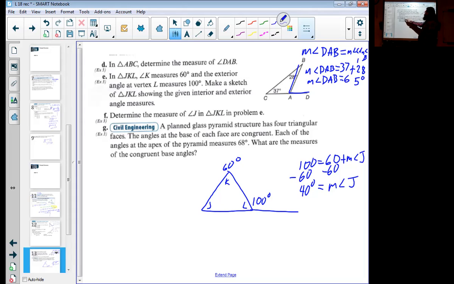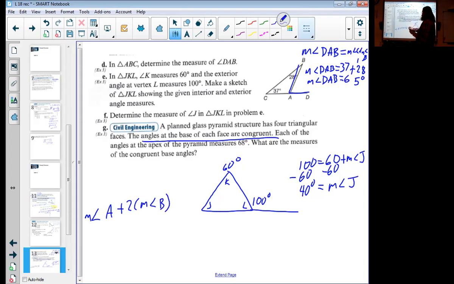So if the angles of the base are congruent, that means we just have angle A as the apex, plus, if the two at the base are the same, we can have 2 times the measure of the base angles.